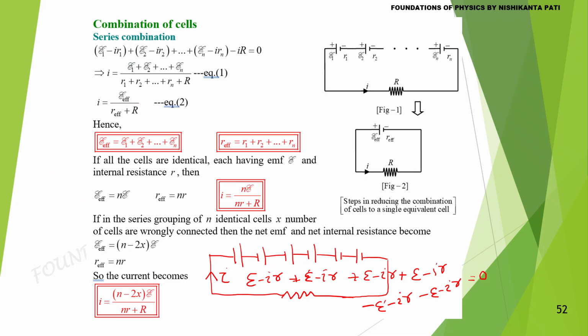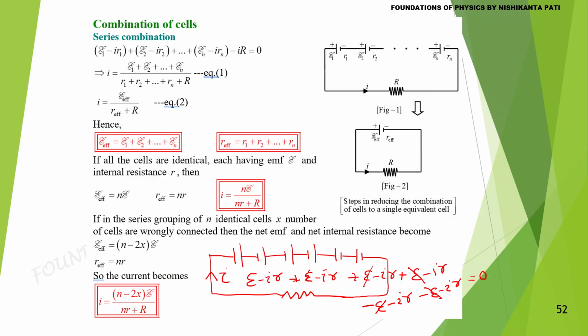So this E cancels, this E cancels, and the total EMF becomes 2E. How many terms are cancelled? Two cells are wrongly connected, so 4 are cancelled.